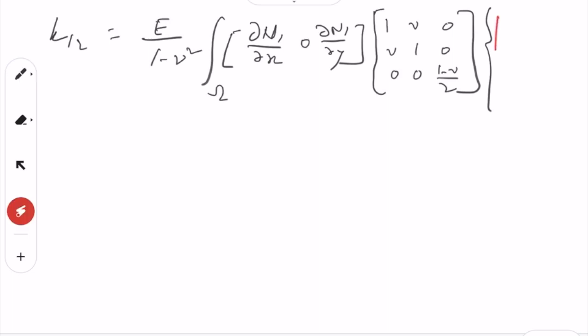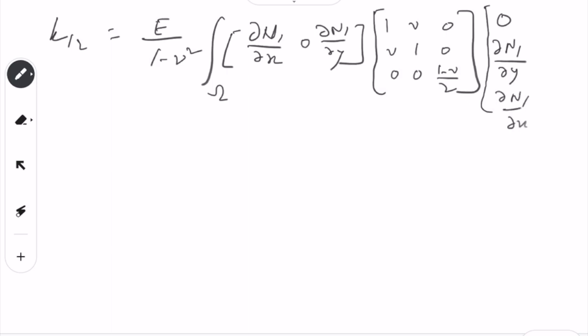Second, we have to write the second column. So, this is 0, del N1 over del y, del N1 over del x, and dm.